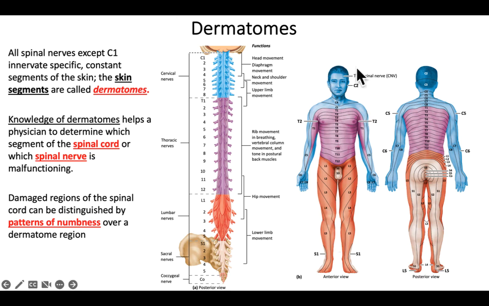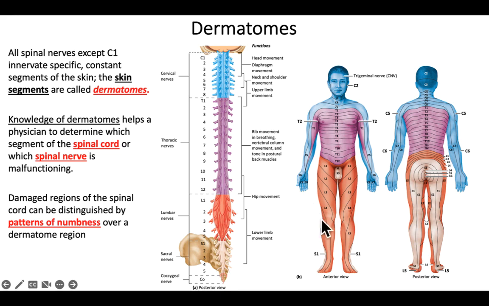Well, if you know these dermatomes, you can use it to assess nerve function or loss of nerve function. For example, if someone has a nerve injury and it has blocked the sensory signals, they would have certain patterns of numbness.